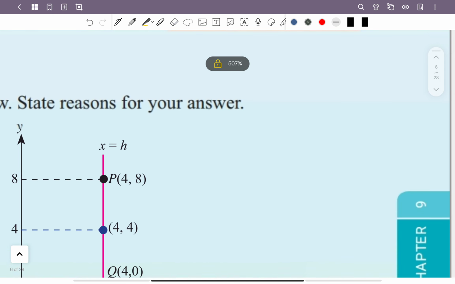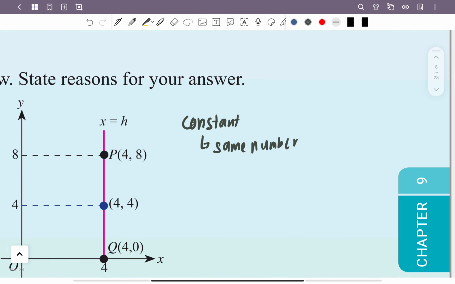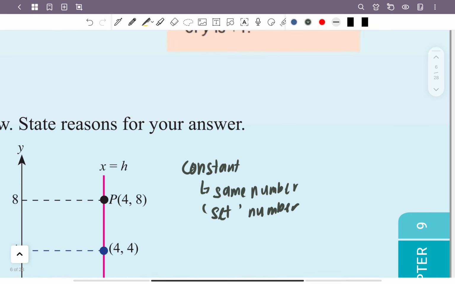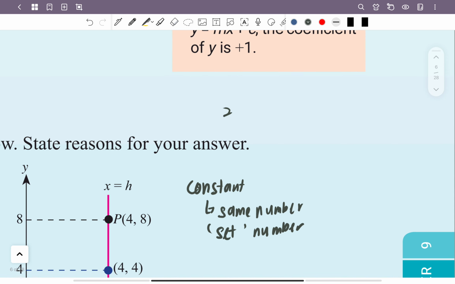So constant means it's the same number, or a set number. For example, your mother gives you daily allowance of 2 ringgit per day, every day for the rest of your life.